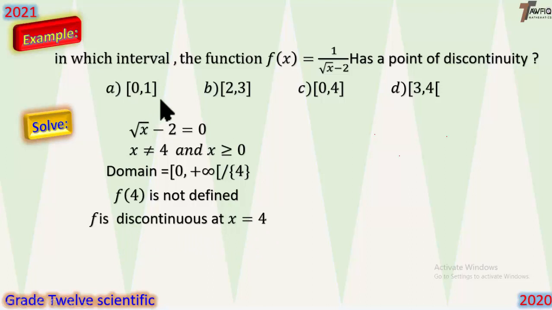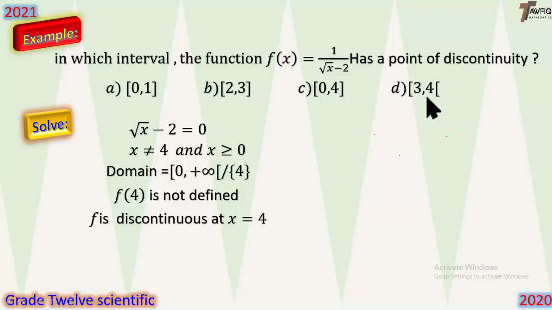We can see here we don't have 4. That means in this interval from 0 to 1, the function is continuous. From the second one, from 2 to 3, the function is continuous. From 3 to 4, because here is an open interval at x equal to 4, therefore 4 is not contained in this interval.